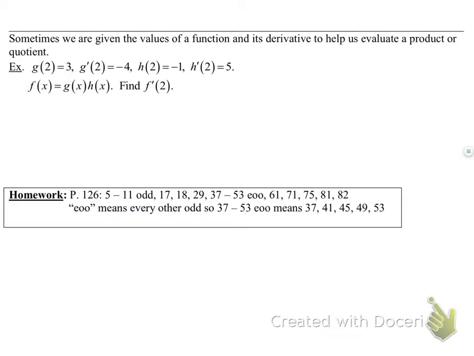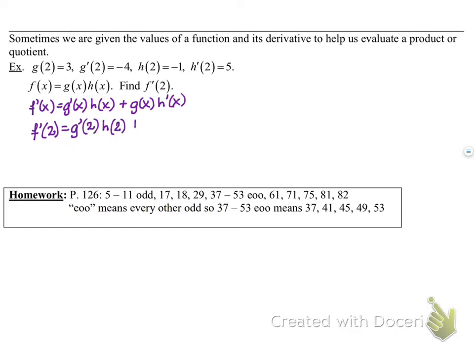So if you're looking for f prime of 2 here, you would first need to find f prime of x, which would be g prime of x, h of x, plus g of x, h prime of x. Once you've done that, and most people need to do that first, very rarely do I bump into somebody who does not need to do that first.